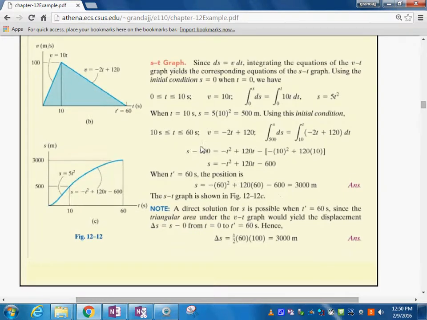So you have an initial parabolic curve here, and you have over here another one.